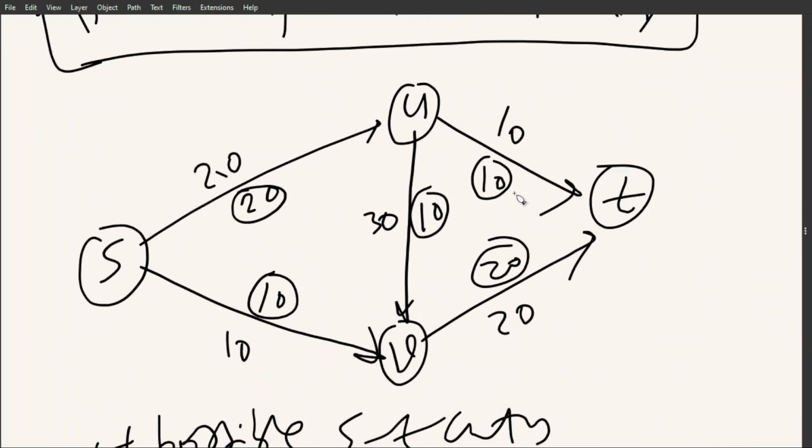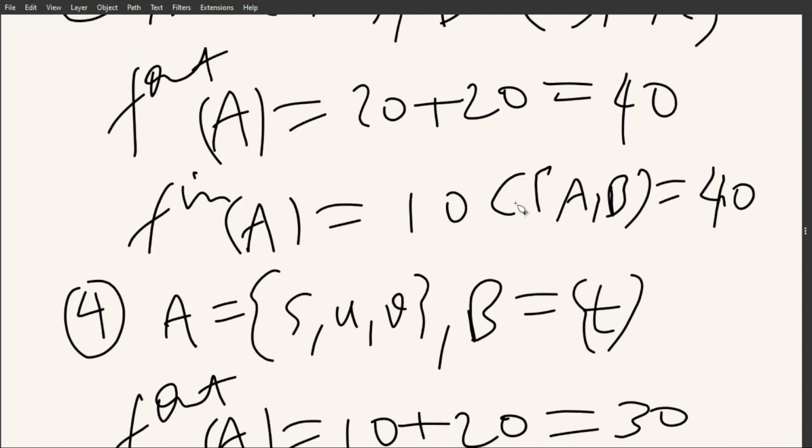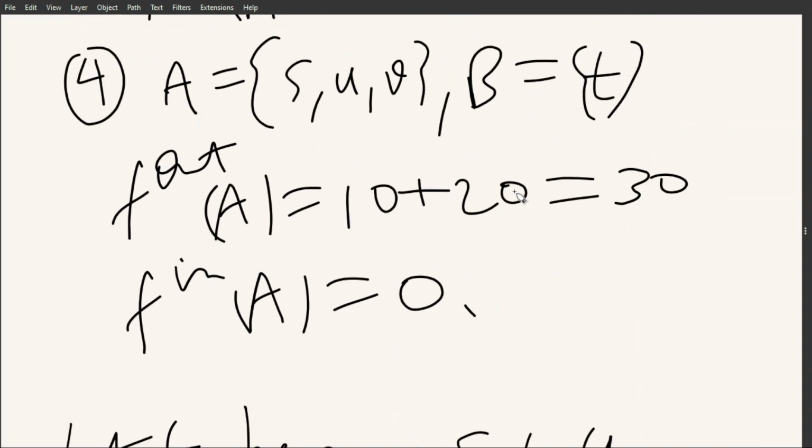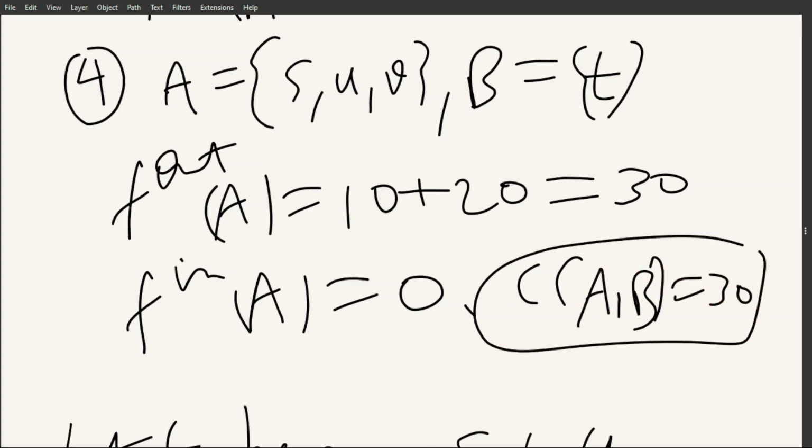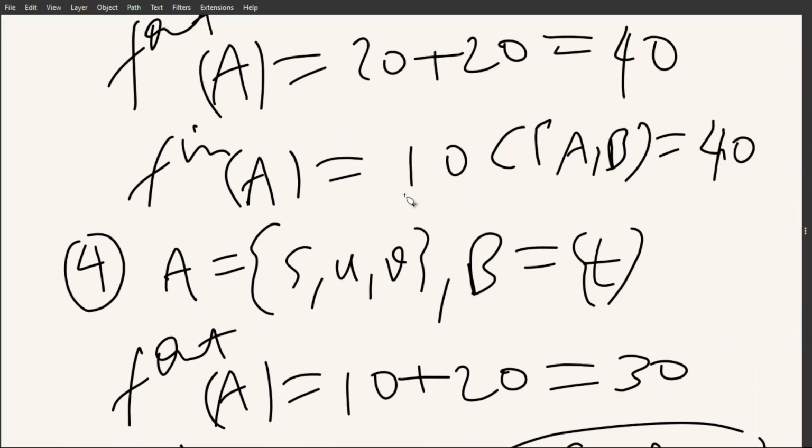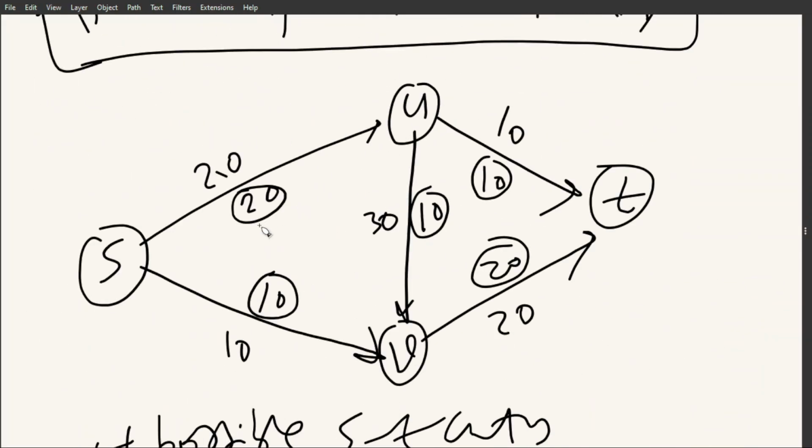Now the last possibility. What is the cut? Capacity out 10 plus 20 is 30. In the fourth case also CAB is 30. Now what is the minimum cut here? Can you please recheck CAB of the second case? Second case, when SU, yes, capacity out 10, 30, 10, 50 we get.